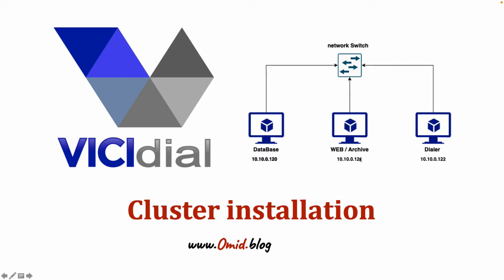Of course, one or two roles can be installed on the same server. For example, in the minimal cluster installation, we have one database, the web and archive servers are the same, and we have one dialer. If you want to add more dialers, we can definitely do that.